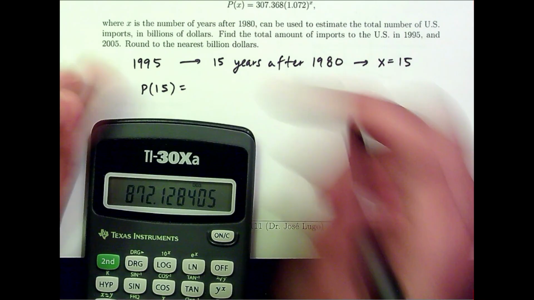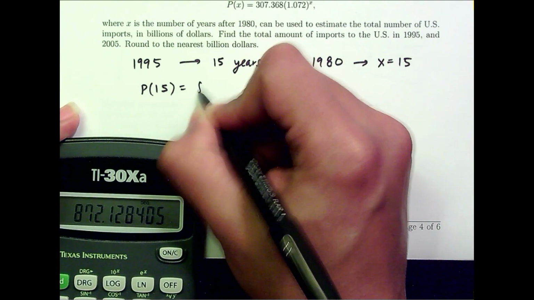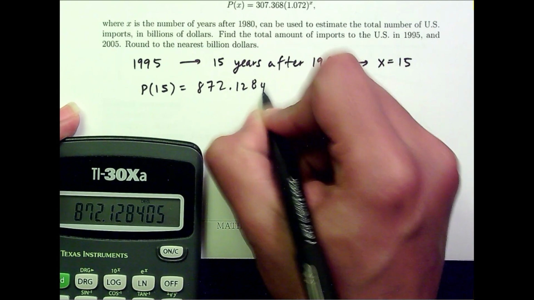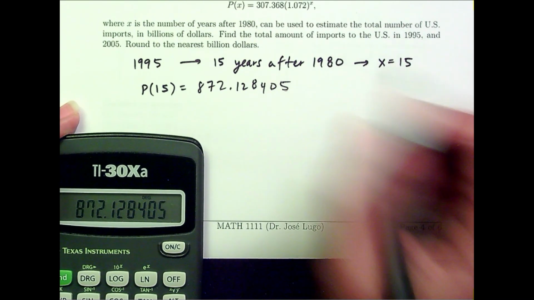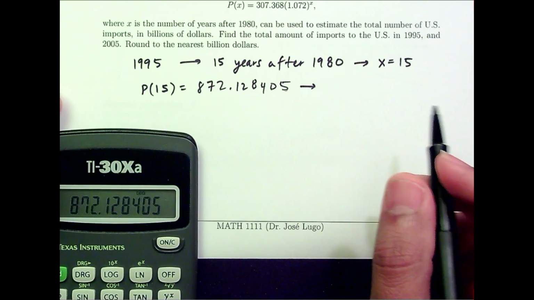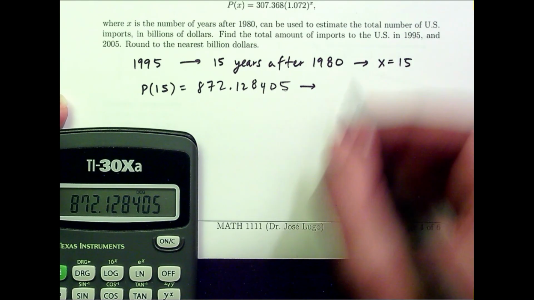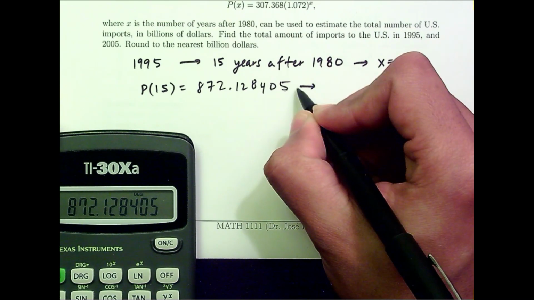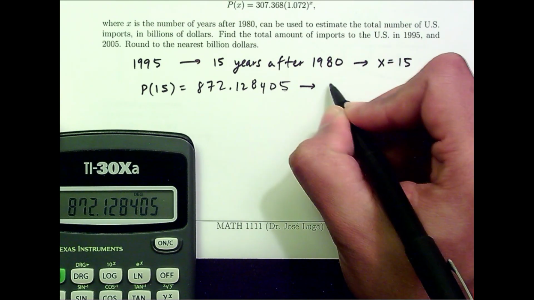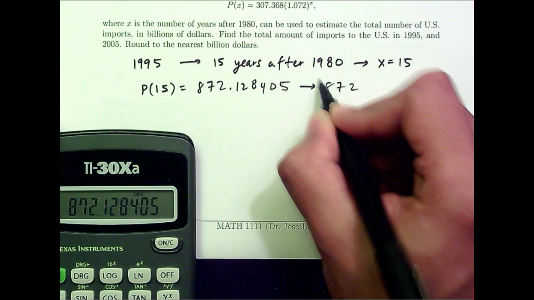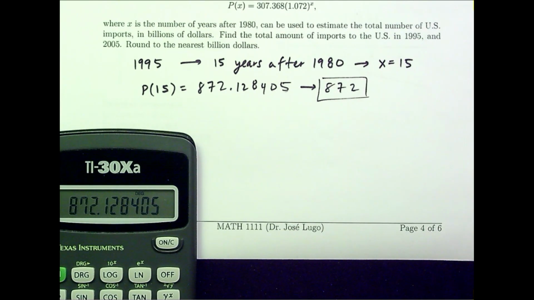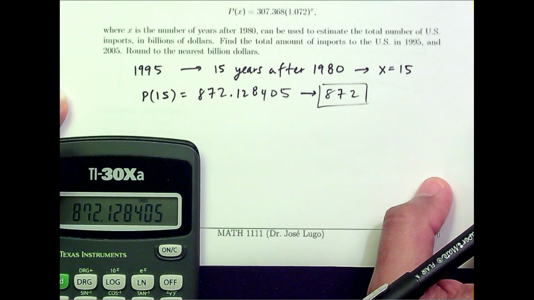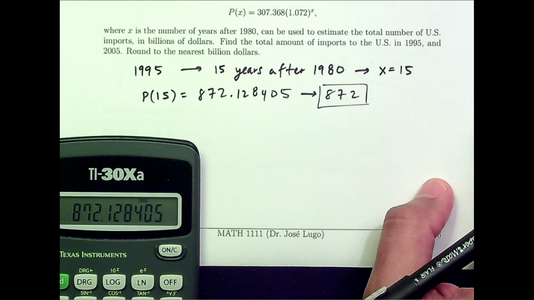So we do get, after 15 years, 872.128405. Following instructions, we're going to round it to the nearest whole number. Nearest billion, these are billions. So remember, these are billions. So I will give the answer as 872 billion, about. So that's an estimate of the total number of imports that happened in 1995, according to this model.